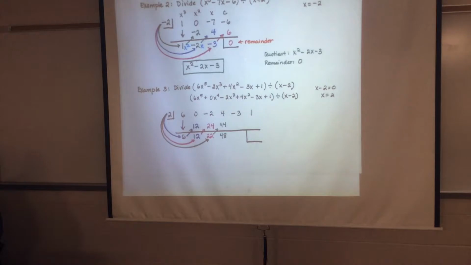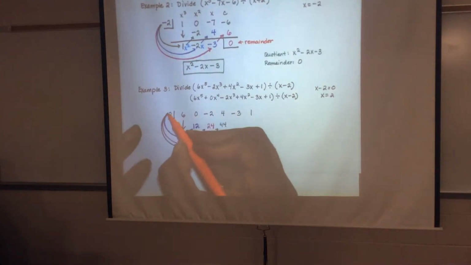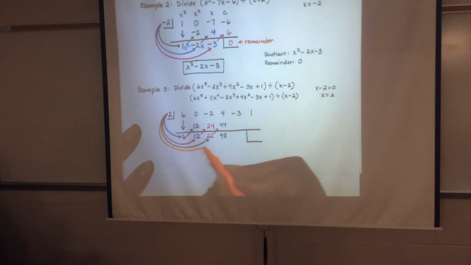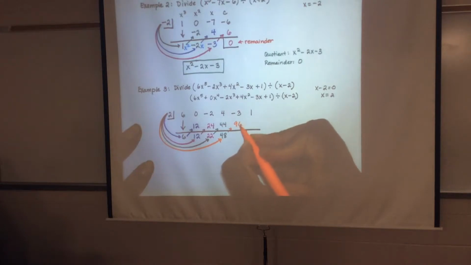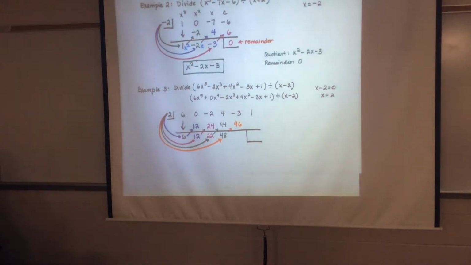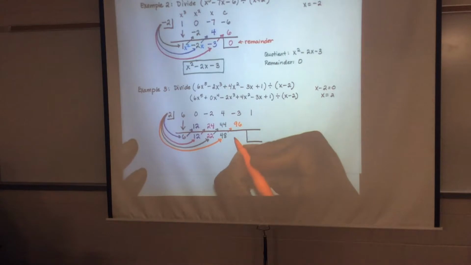Okay. And then next would be to multiply the divisor of 2 by this 48. 2 times the 48 will give me this next number of 96. Add negative 3 and 96 together, you're going to get 93.